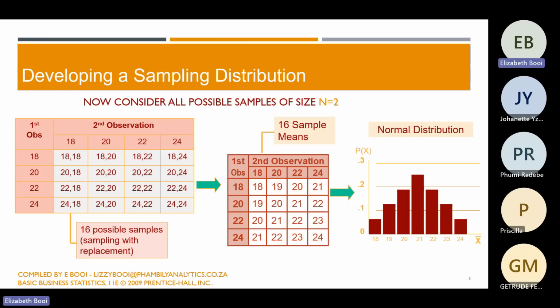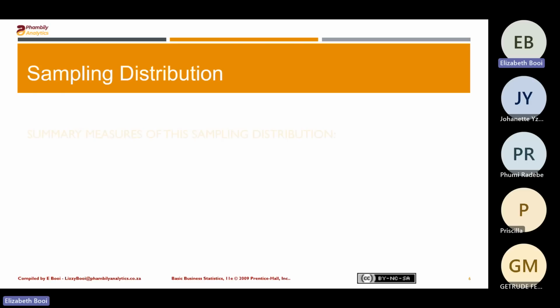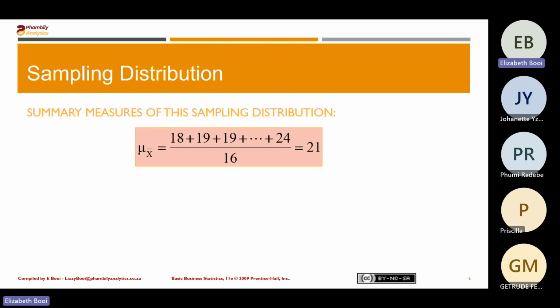If we take all these values and calculate the mean of this sampling distribution, that will give us 21, because we add all the sample means and divide by how many there are. There were 16 possible samples that we can create. So we take the sample means, divide them by the number of possible outcomes, and we get the mean of a sampling distribution to be 21.